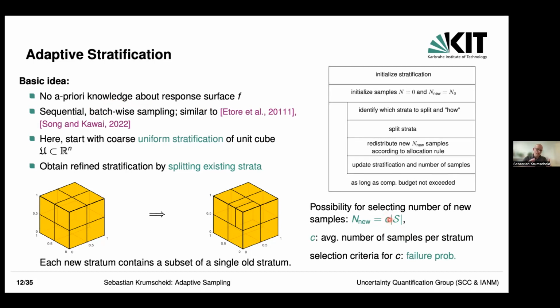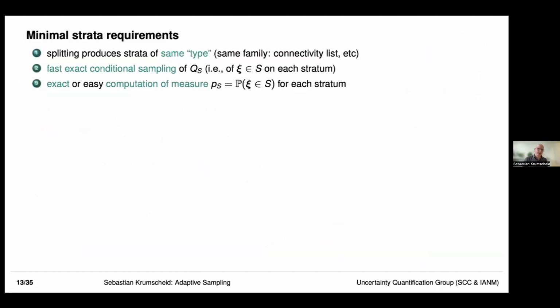Given a certain sample that we have used already, we add a few more samples. We scale this by the size of our current stratification. For the plots that I'm going to show you, I'll show this for different values of C, but we do have some selection criteria for how one can do this in practice, without having to do this multiple times. Okay, so we want to split things.